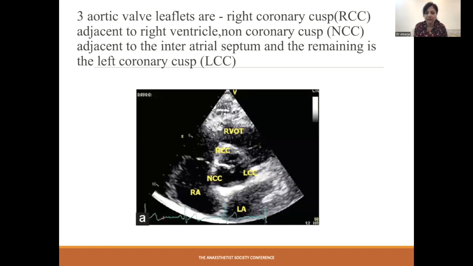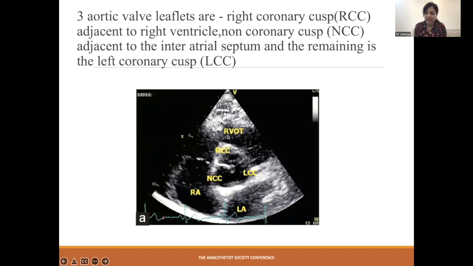If you want to go into the depth of this, or if you're a cardiac anesthesiologist and you want to assess more about the aortic regurgitations of the aortic valves, there is the importance of each of the leaflets of the aortic valve. For that you have to know the nomenclature and which cusp is situated where.